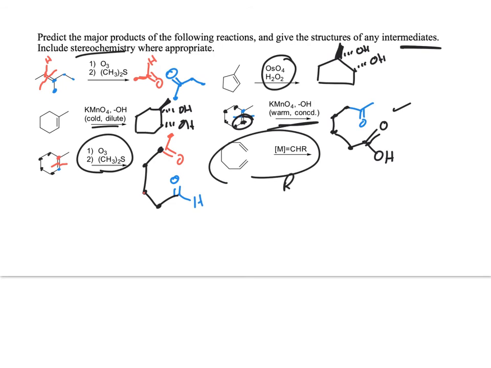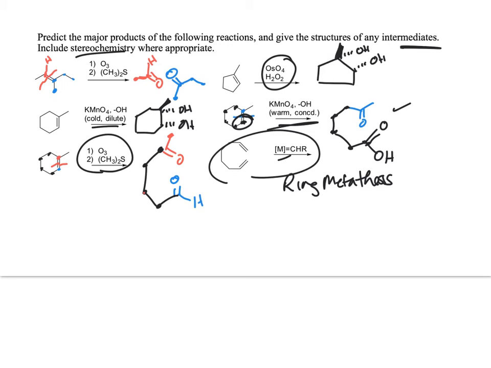Okay, this is called ring metathesis reaction, and it combines the rings. And the metal can be either Grubbs catalyst, or it can be Schrock's catalyst.